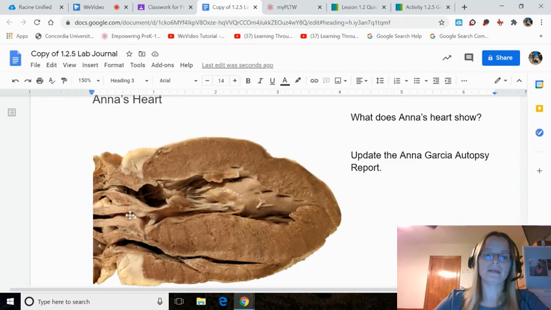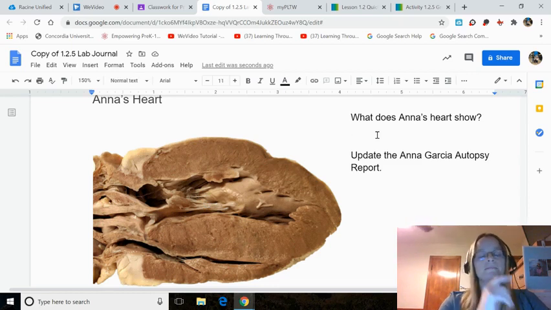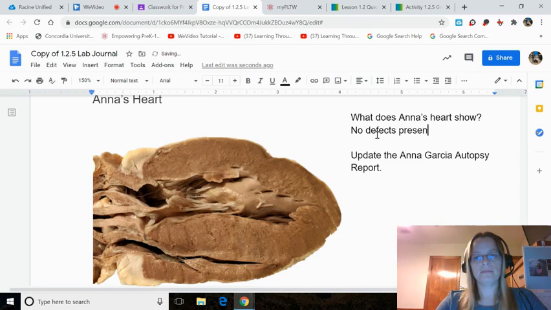We have the aorta. Does it show any defects? No. No defects present. So you'll update the autopsy report to reflect that Anna had a normal looking heart.